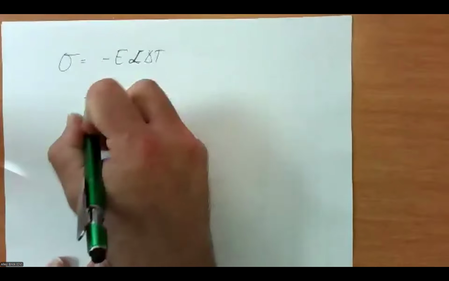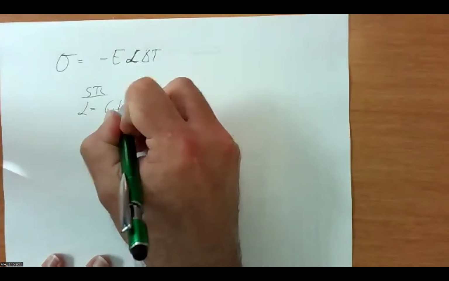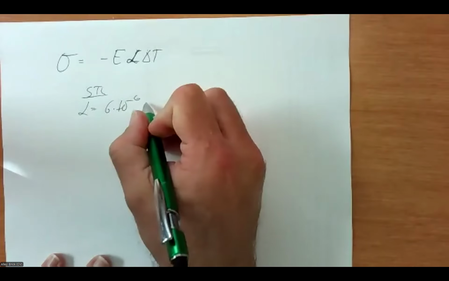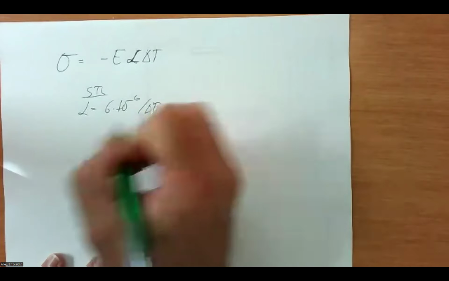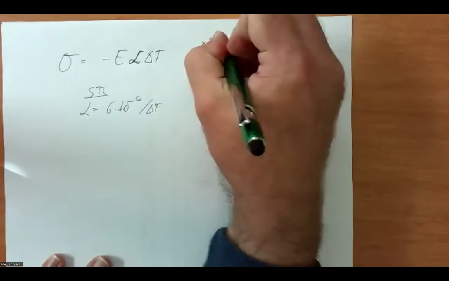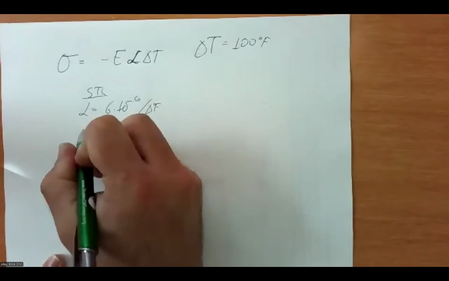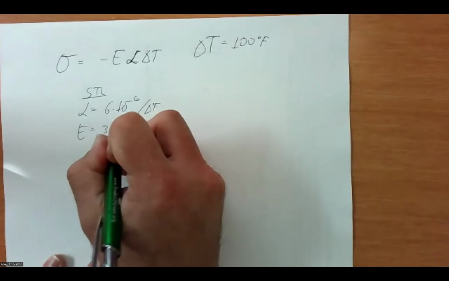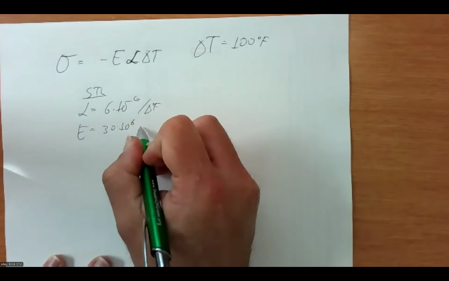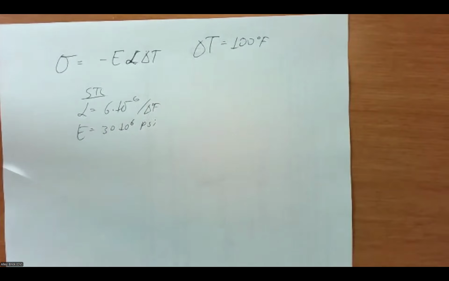So for steel, we've got an alpha of 6 times 10 to the negative 6 per F. Our delta T in both cases is going to be 100 degrees. And then we've got our modulus, 30 times 10 to the 6 PSI.